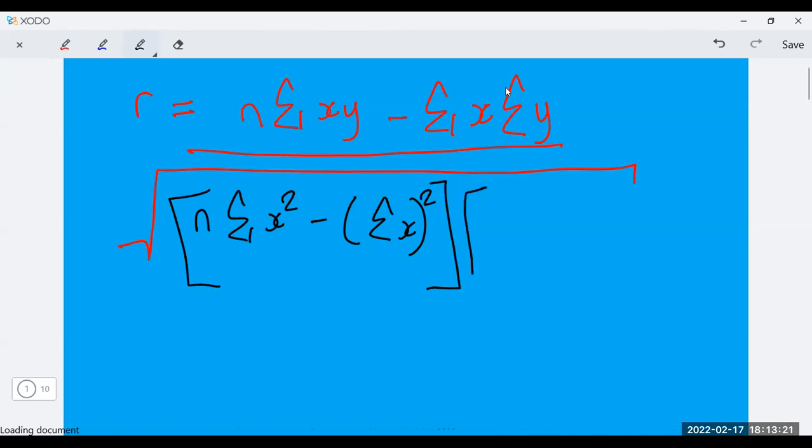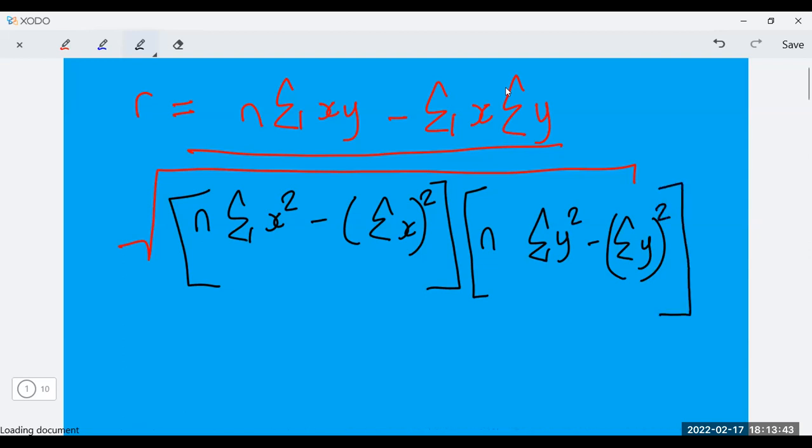Then multiply it by n times, in brackets, the sum of y squared minus the sum of y all squared, close this bracket. All right, so let me extend the square root now.